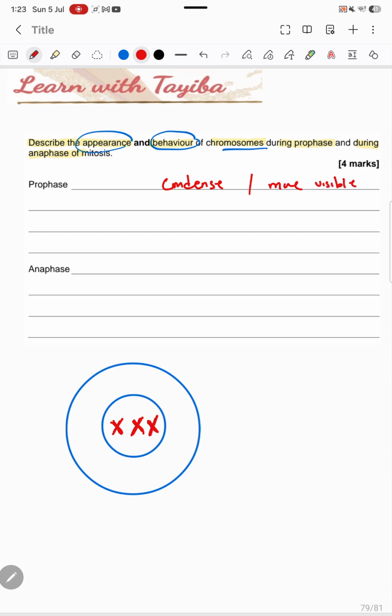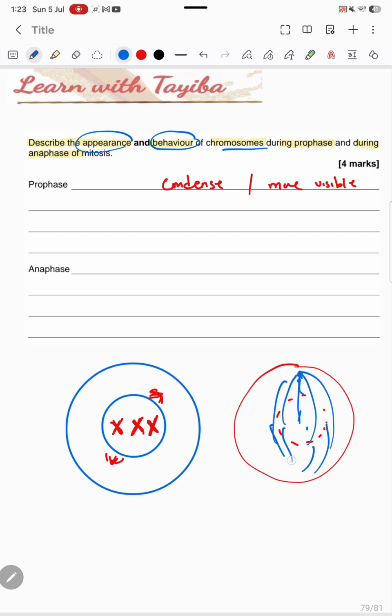And in the animal cell, the centrioles are present, and these centrioles start forming the spindle fibers. So when the spindle fibers are formed and the chromosomes become more visible and more condensed, the nuclear envelope disappears, and the spindle fibers spread throughout the cytoplasm.